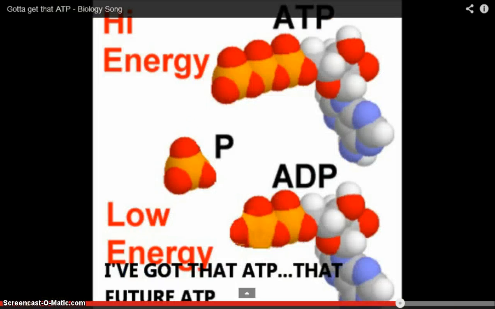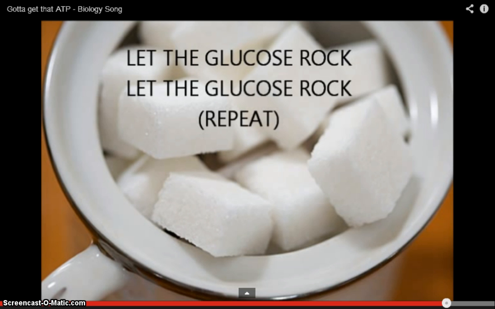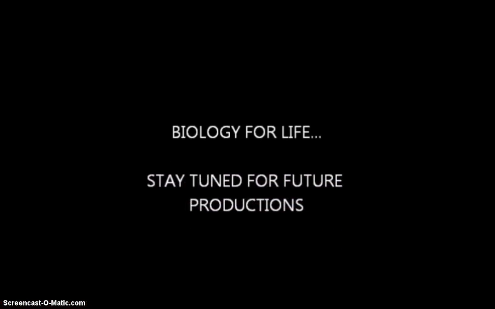You're so prokaryotic. Gotta get that ATP. This was a Mr. Morin original.